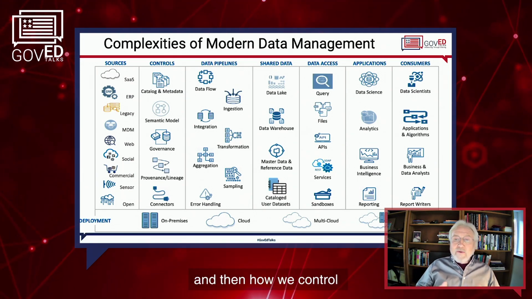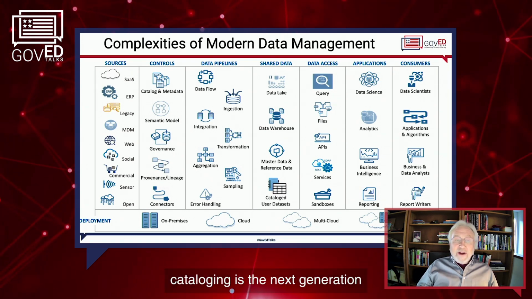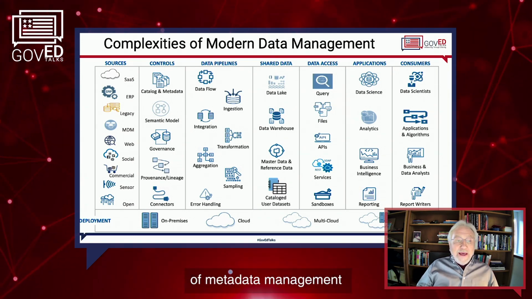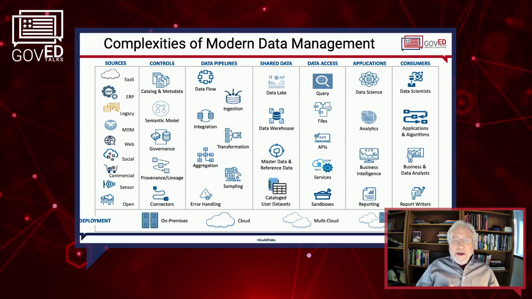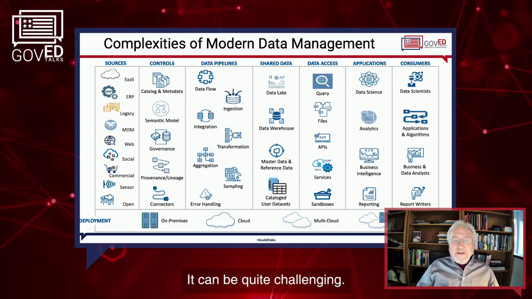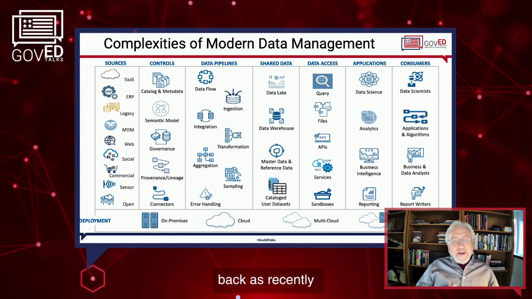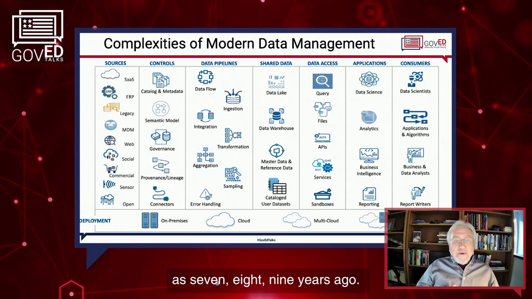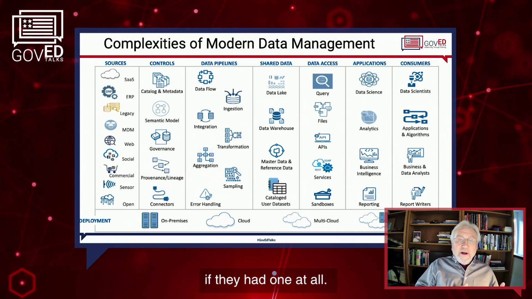And then how we control the management of data. Data cataloging is the next generation of metadata management. And how we manage data in catalogs is important. And the catalog thing can be quite challenging, because if we look back as recently as 7, 8, 9 years ago, organizations tended to have one data catalog if they had one at all.